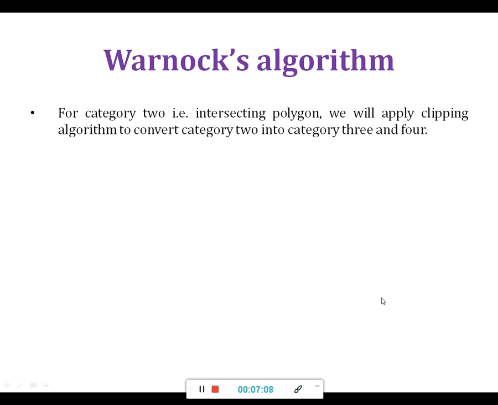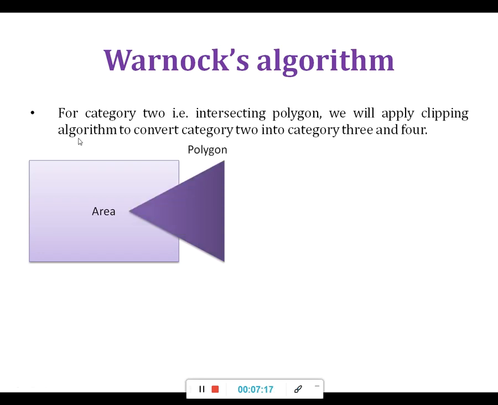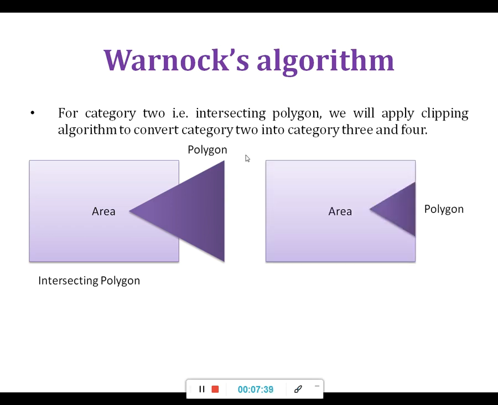If we have category number 2, that is the intersecting polygon, then in that case we need a clipping algorithm to convert category 2 into categories 3 and 4. So how are we going to convert category 2 into 3 and 4? This is an example of an intersecting polygon. If we want to use the clipping algorithm, then we need to convert this into 2 different formats, that is category 3 and category 4. What is category 3? Contained polygon. What is category 4?